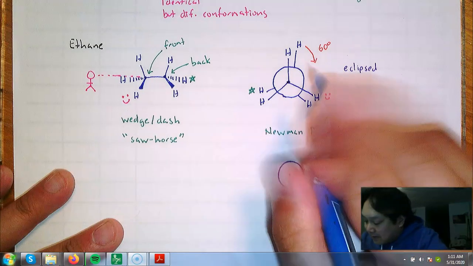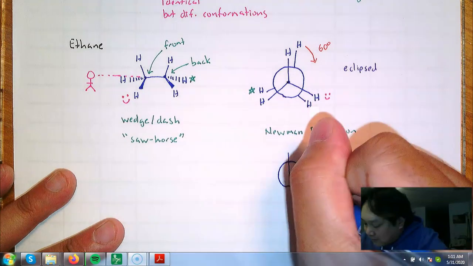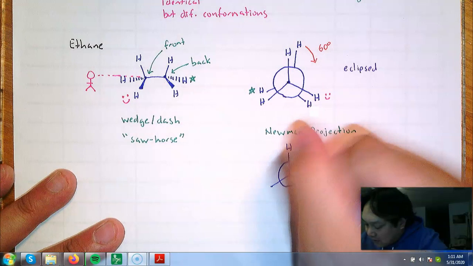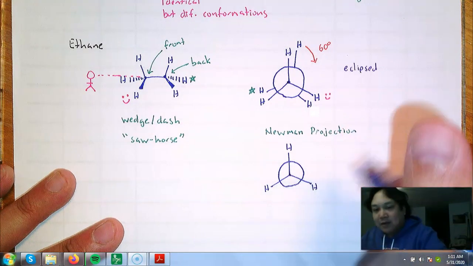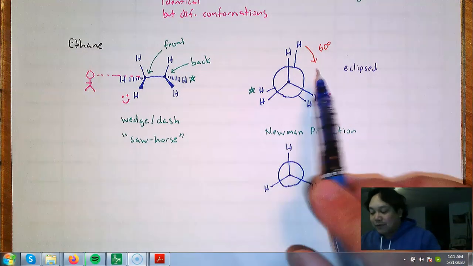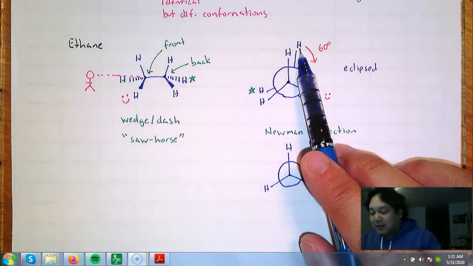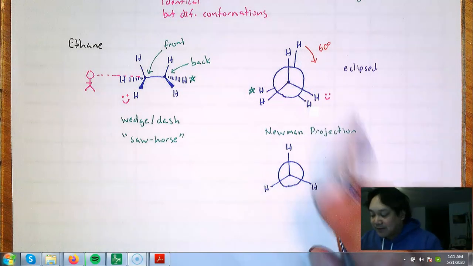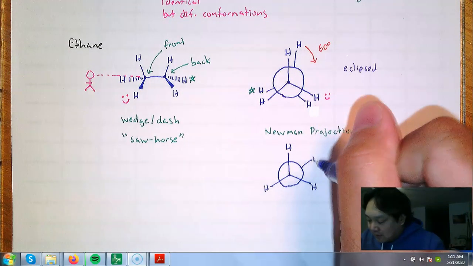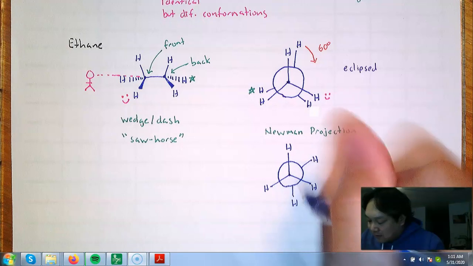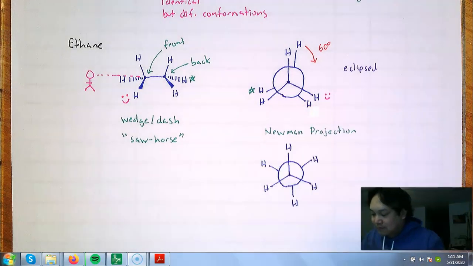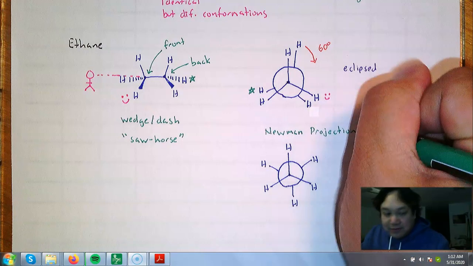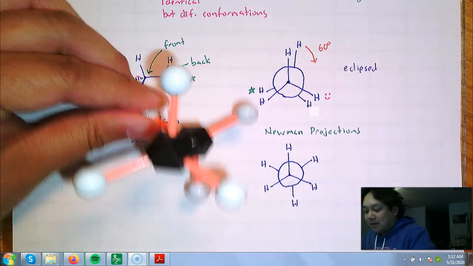So my front carbon stays perfectly still. And you could refer to the model, or you could refer to the drawing. I rotated this 60 degrees. Newman projections. Take a look at my model.